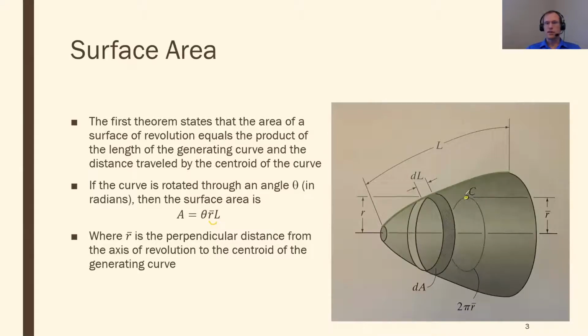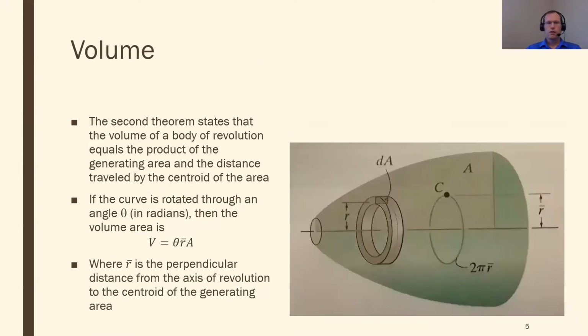That was the perpendicular value of the centroid for just the line, not the area. So be sure to get those right when you're doing this, because there is a difference. For volume, again very similarly: the angle through which I rotate it, times the centroid of the area, times the area itself, and that gives me the overall volume.